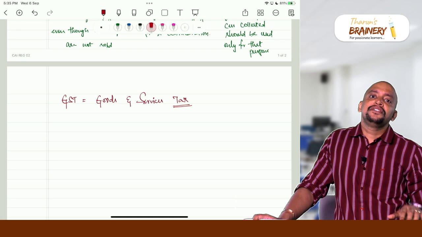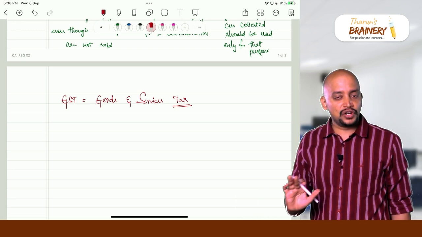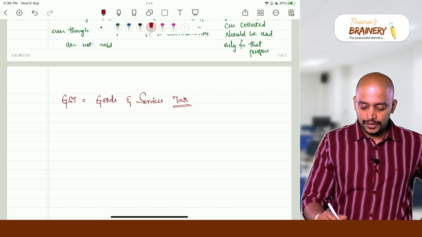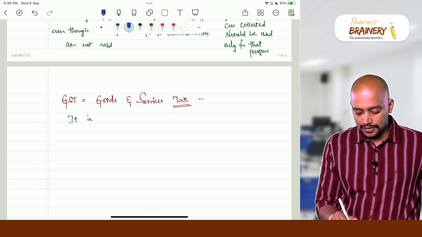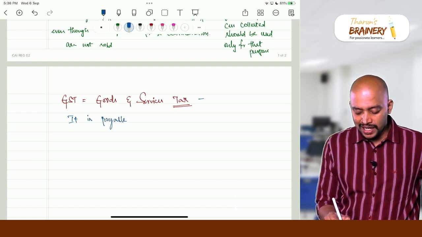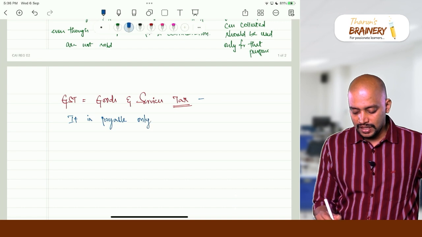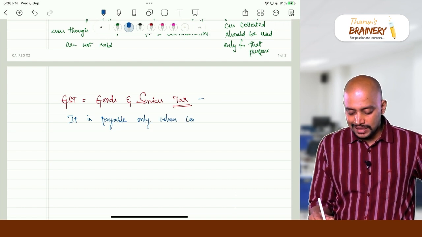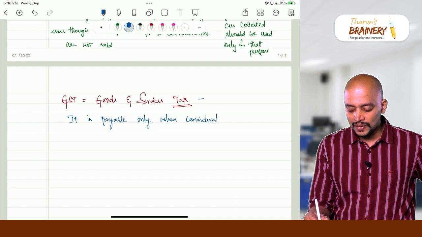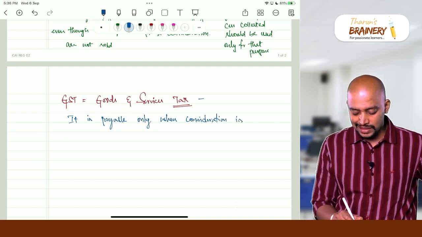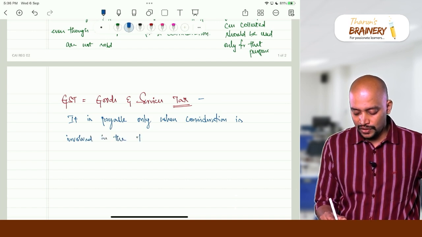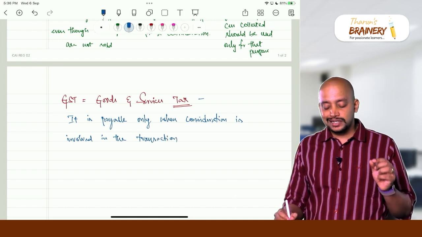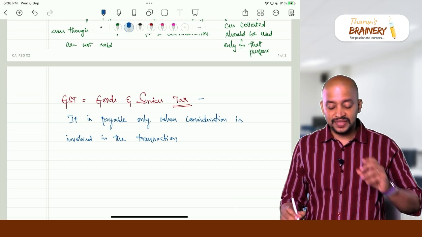Generally, in GST, it is payable only when consideration is involved in the transaction.